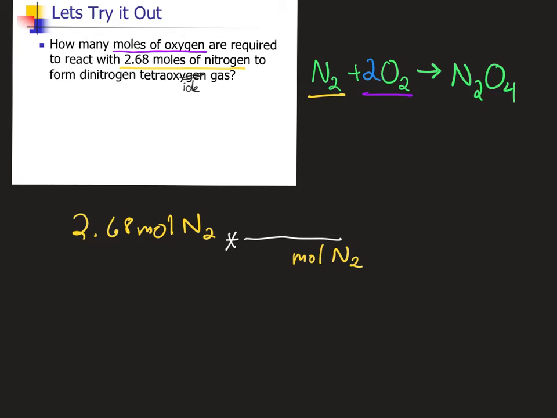And I can convert to moles of oxygen directly, utilizing the ratio that we have them in. How many moles do I have of nitrogen?